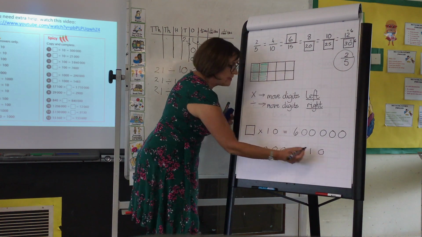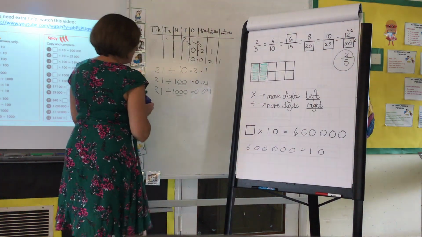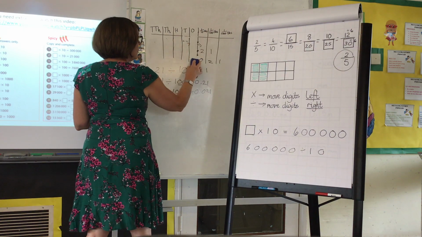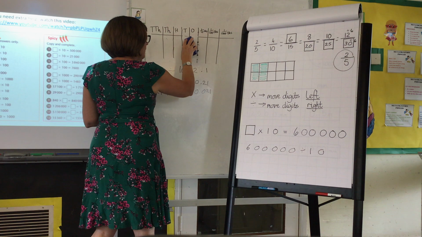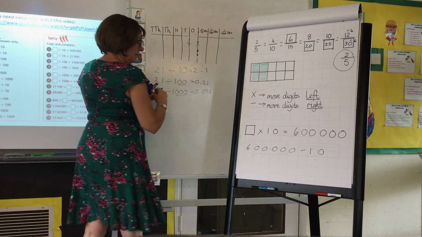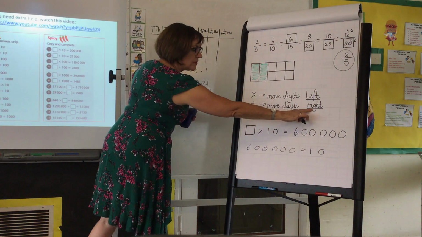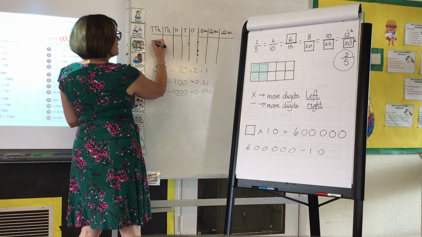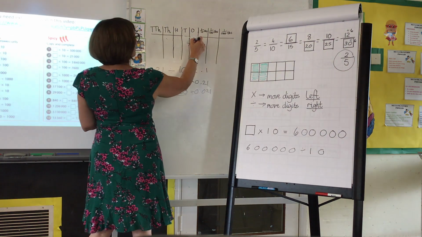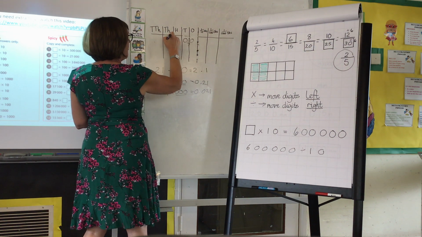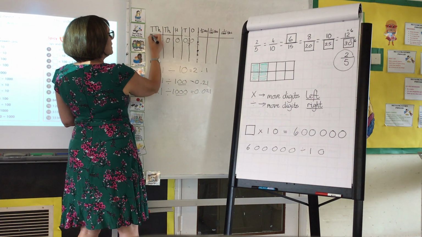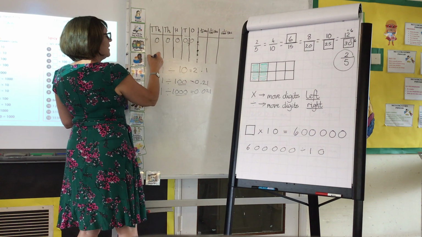Because you're dividing by 10, the number is going to get smaller. So you go to the right. Remember, to divide, you move the digits right. You would put 600,000 in. So I'm going to go backwards here, and we need a 6 in this column.